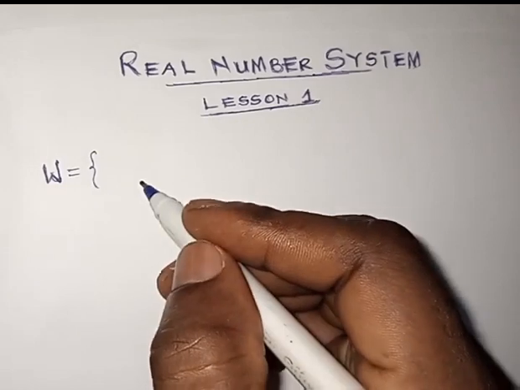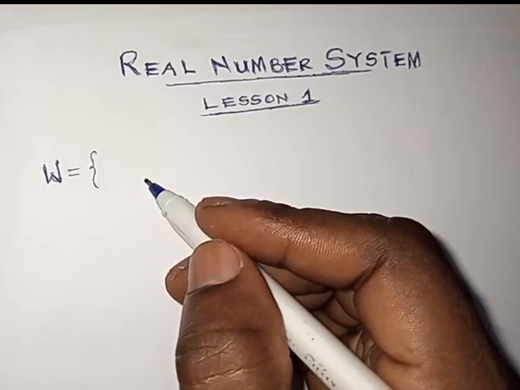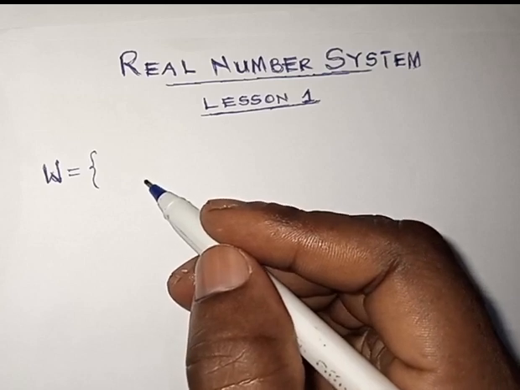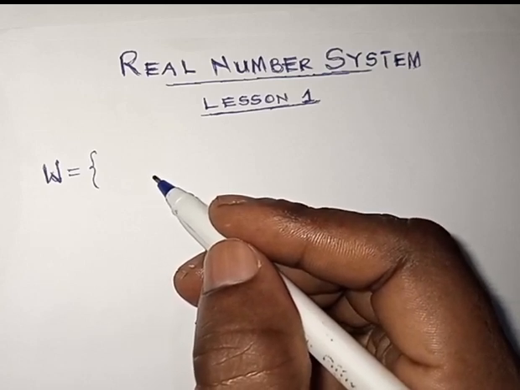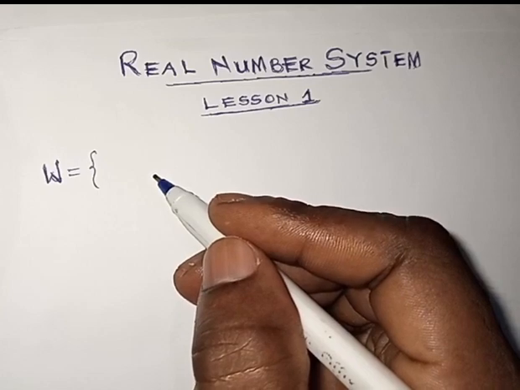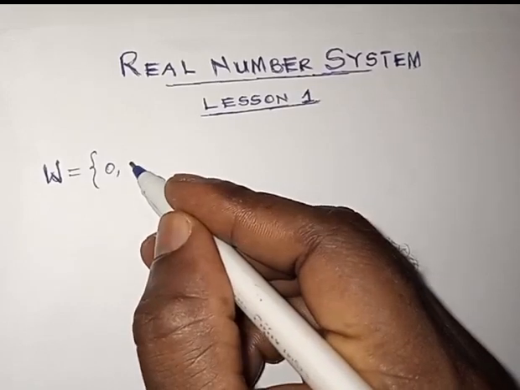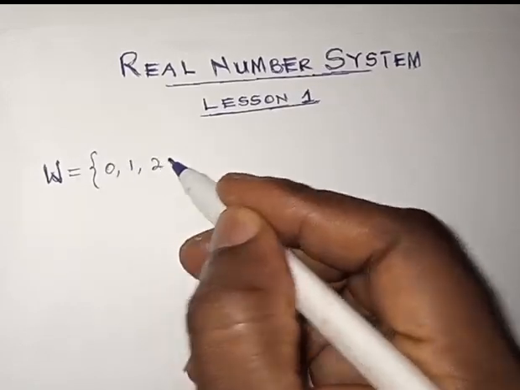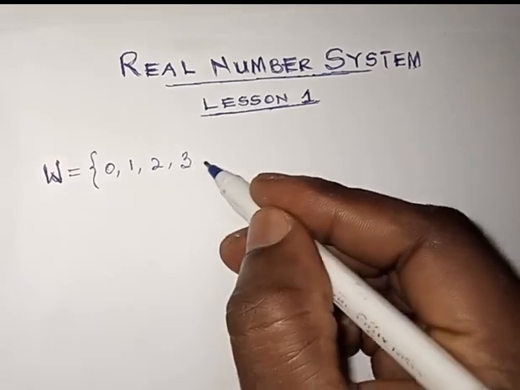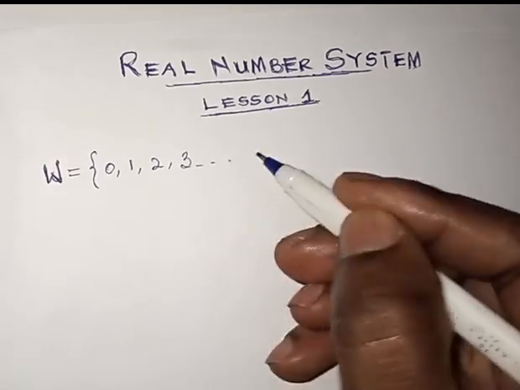So let's list some examples. Remember, we said in the junior high mathematics that whole numbers start from what? 0 to infinity. So I'm starting from 0. I have my 1, 2, 3 to infinity.